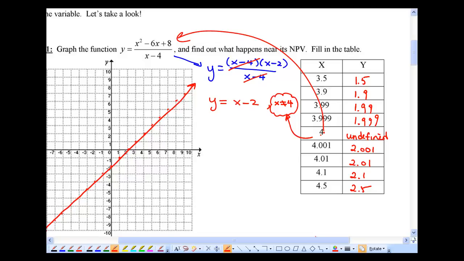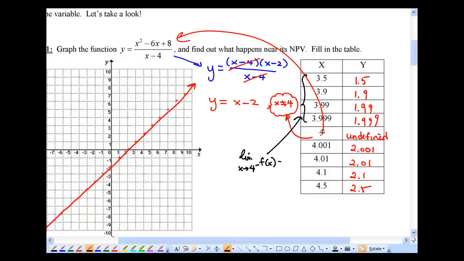Now, using this table of values, my graph here in red is wrong, because at 4, it's actually undefined. Now, notice when I get closer and closer to 4, now think back to last day if you did calculus stuff, this is like the limit as x approaches 4 from the left.